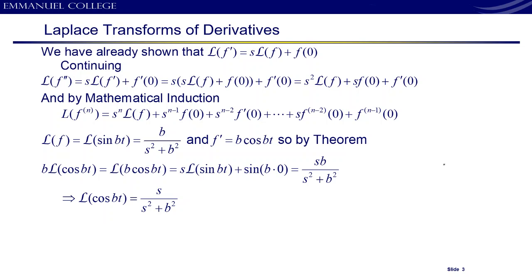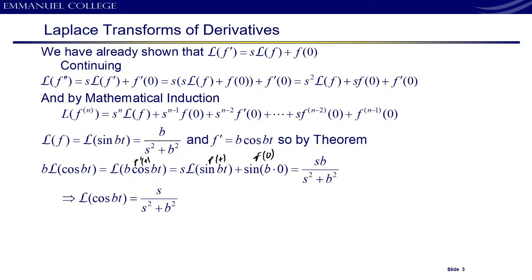We could use that theorem to determine the Laplace transform of cosine of bt. If we start here, we have b times cosine of bt, which you can think of as f prime of t. Here's the Laplace transform of f of t, and then here's f of 0.